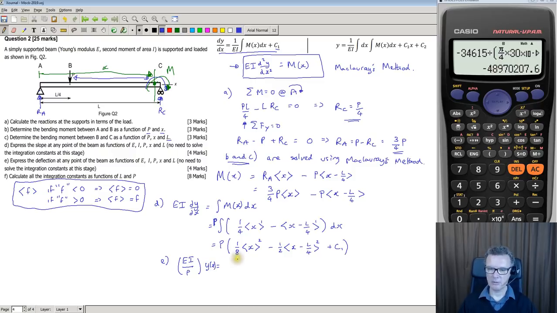Now we want to integrate all of this thing in the bracket. Okay, so let's do that.